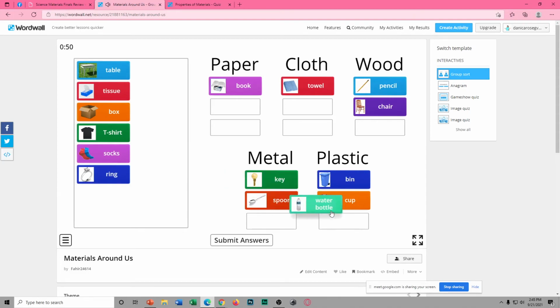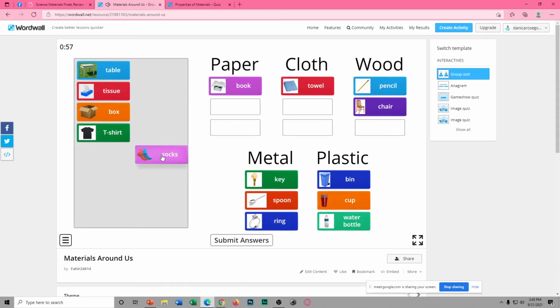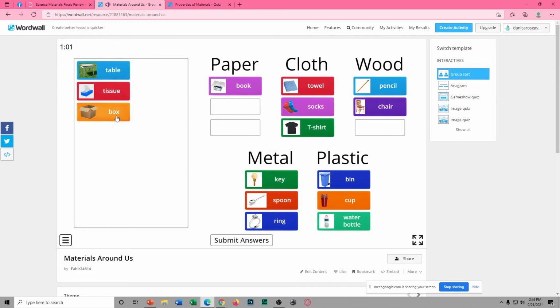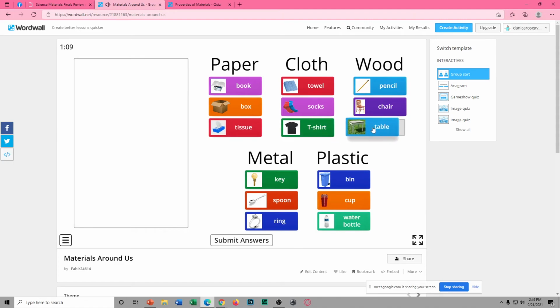Water bottle is plastic. Ring. Metal. Socks. Cloth. T-shirt. Cloth. Box. Box paper. Tissue. Paper. Table. Table wood.